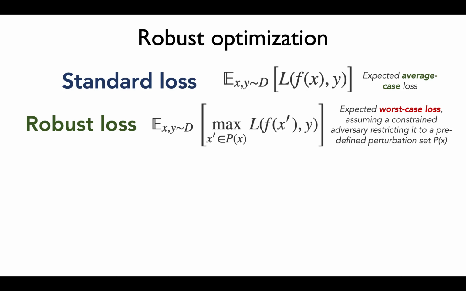This is a different mindset, and perhaps this is more in tune with the mindset that is needed by a security defender. In this, you are assuming what is the worst thing that can happen, assuming a constrained adversary which has certain restrictions on what kind of perturbation it can launch.